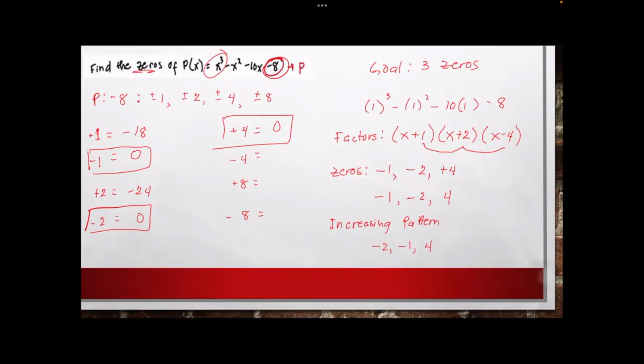So those are the increasing pattern na answer. Okay? Question, clarification? Wala naman? Okay na? Can we go to the next?